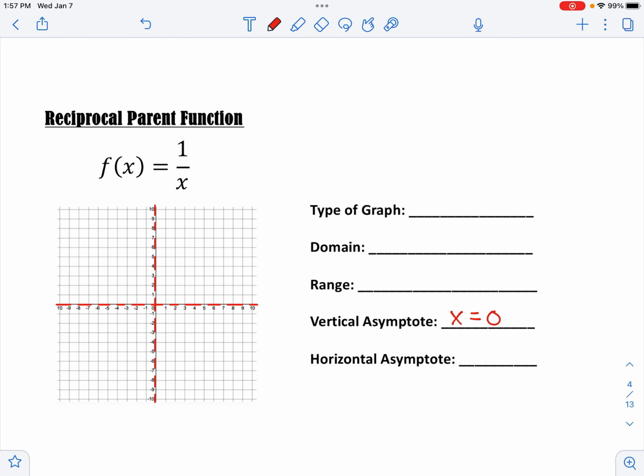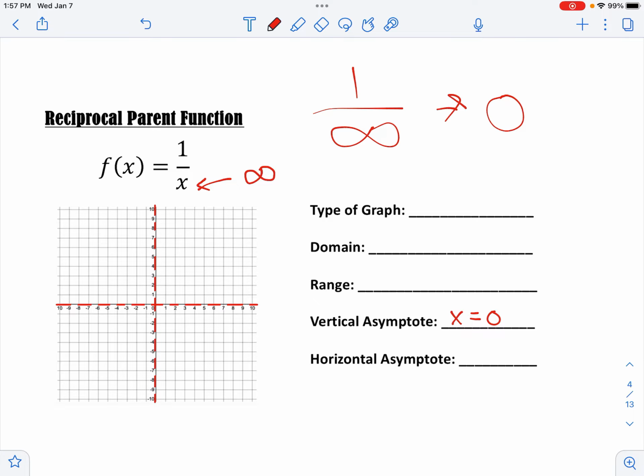Also, we have a horizontal line. If I were to make this x really, really big, like infinity, my fraction then would be 1 over a very, very, very large number, which is really close to 0. But because there's a 1 on top, it would be really close to 0, but not quite 0.